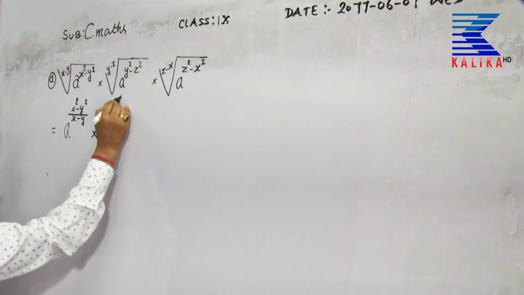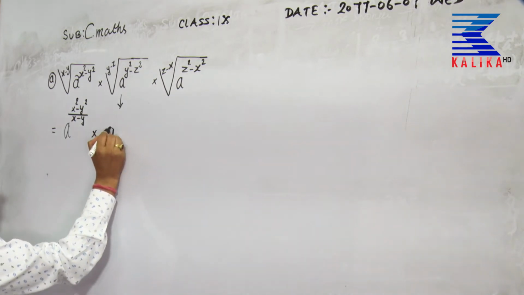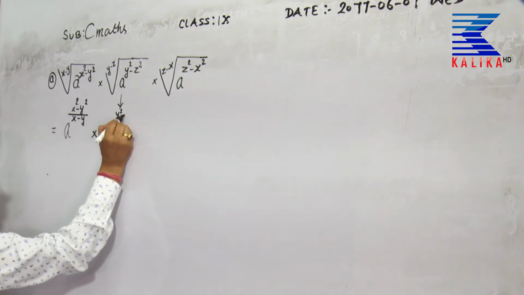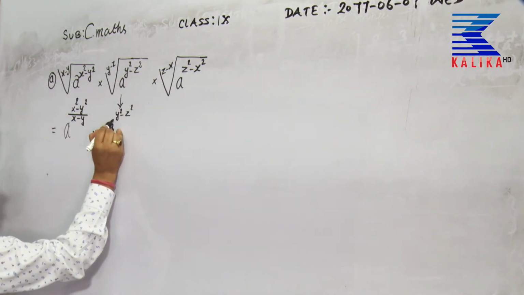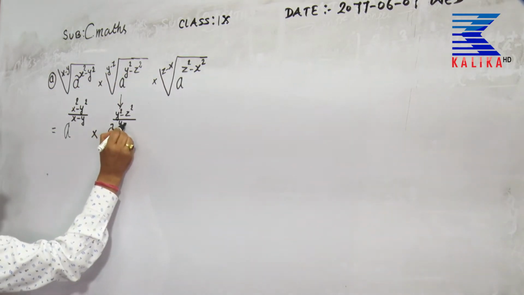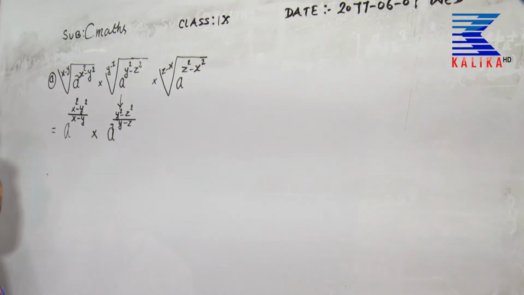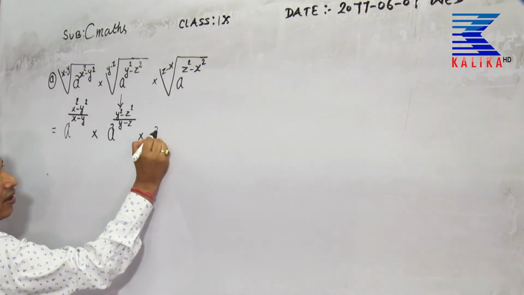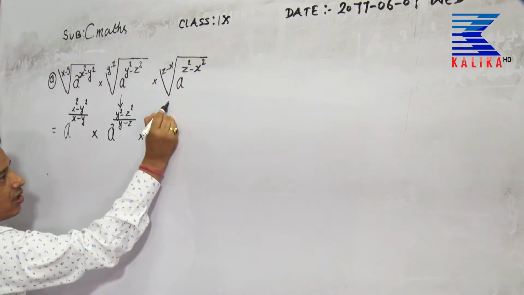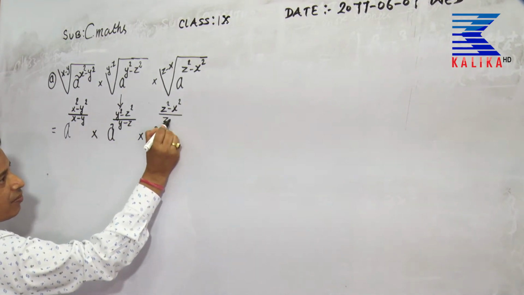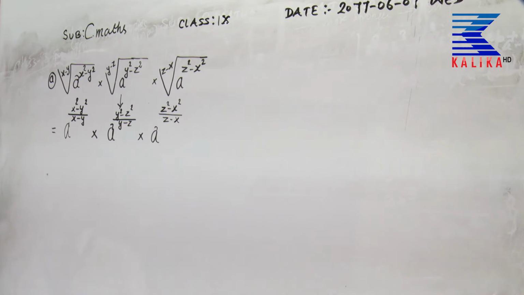Now the second root: the number inside is a to the power y square minus z square, and this power should be divided by the order of the root in order to remove the radical sign. Similarly, the last one, a to the power z square minus x square, should be divided by the order of the root z minus x, so that we can remove that radical sign.